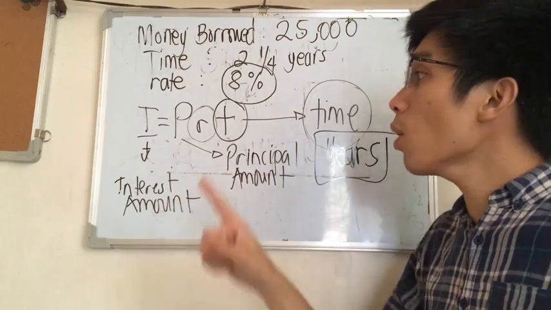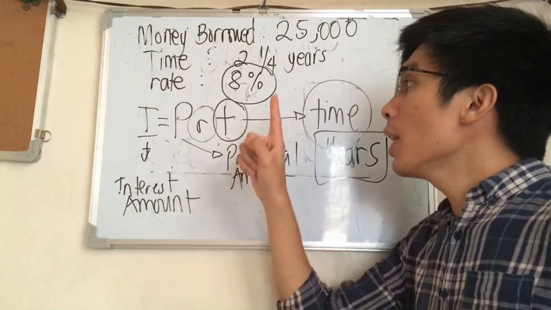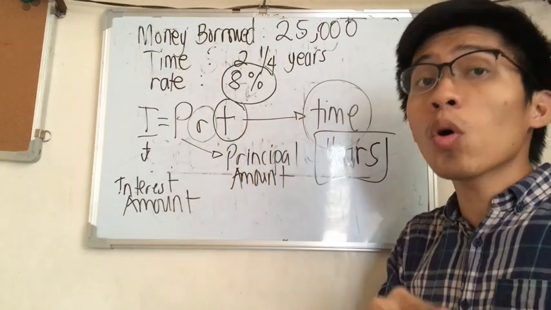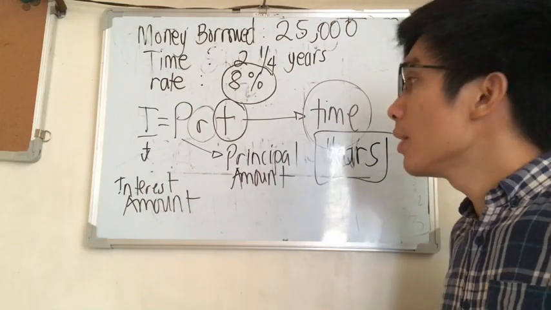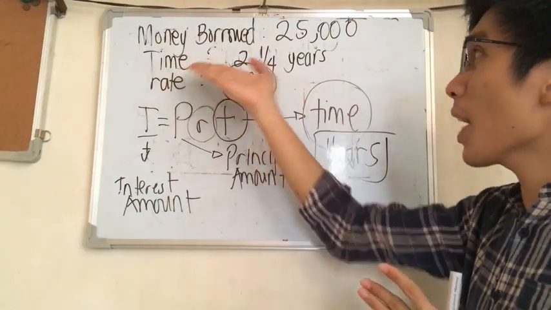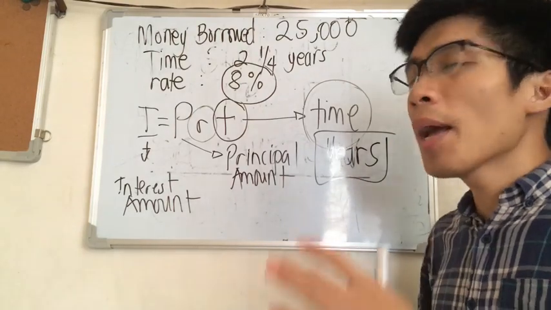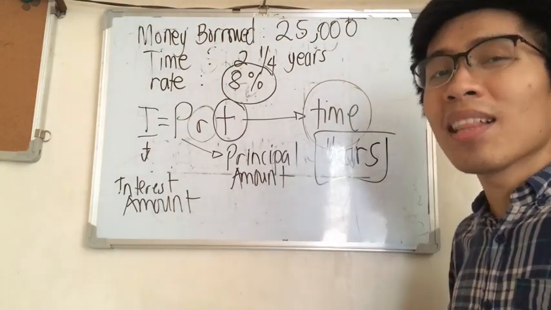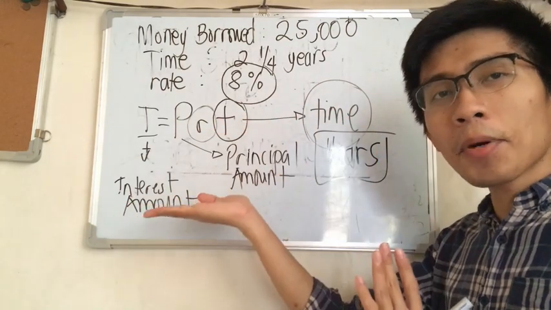Do not forget that, every time you use this formula, make sure that your time is always in years. Do not use months or other units. In my example, my time is in years already, so there's no need to convert anything, but we need to solve it directly.